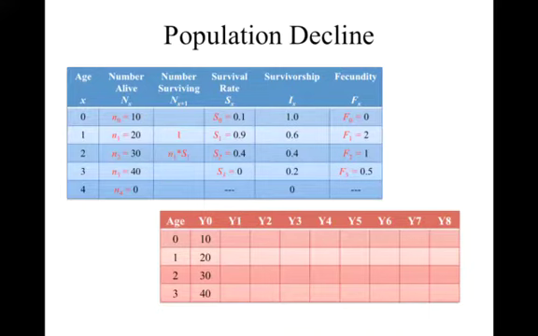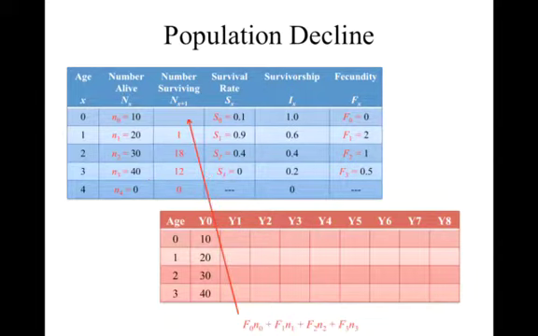The number of age 2 individuals next year is equal to the number of age 1 individuals this year times the probability they make it through the year. The number of age 3 individuals next year will be equal to the number of age 2 individuals this year times the probability they make it. And then, of course, there are no age 4 individuals because there's no probability of surviving from age 3 to age 4. So that's all identical to the example we did at the beginning of class.